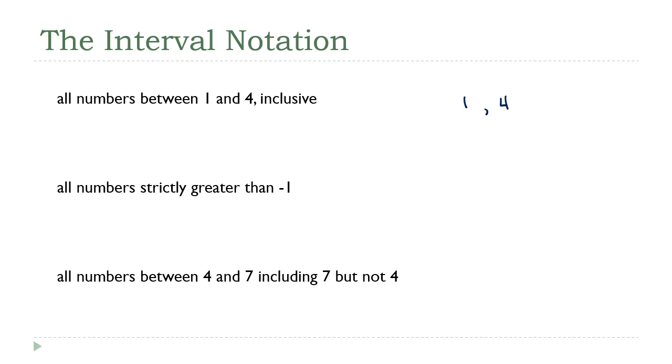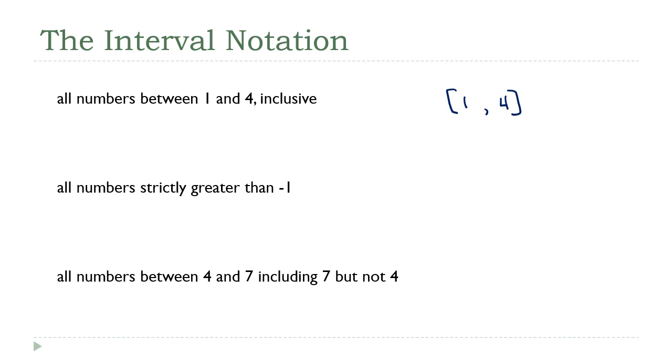That takes care of the first part. Now I need a way to say specifically that I want to include 1 and include 4. And the way I'm going to do that is I'm going to put square brackets on either side. And that's it. That is the interval notation for all numbers between 1 and 4 inclusive.